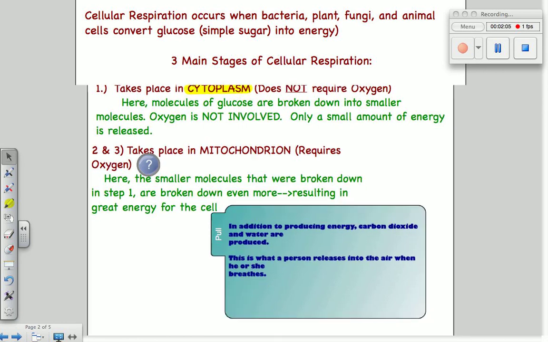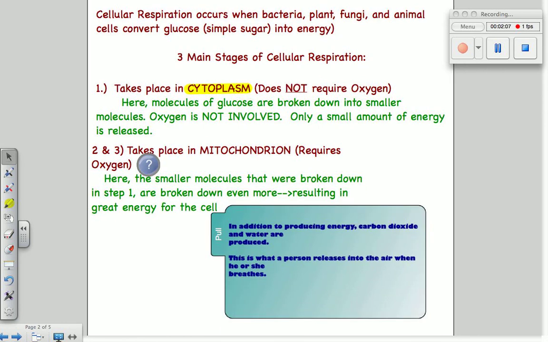And I have down here, it says, in addition to producing energy, carbon dioxide and water are also produced. Now we release the carbon dioxide by the air that we breathe out, and we release our water through our pores, like by sweating, for example.